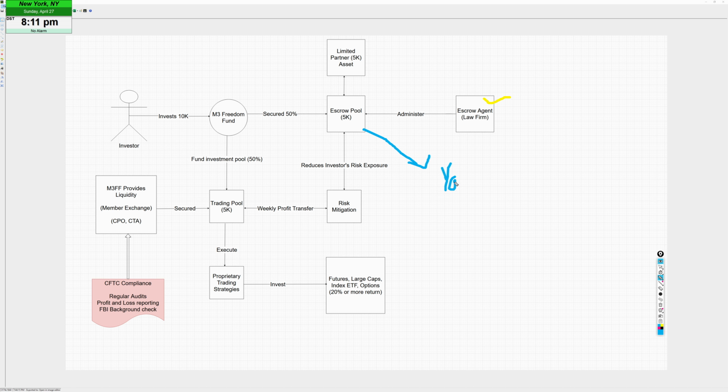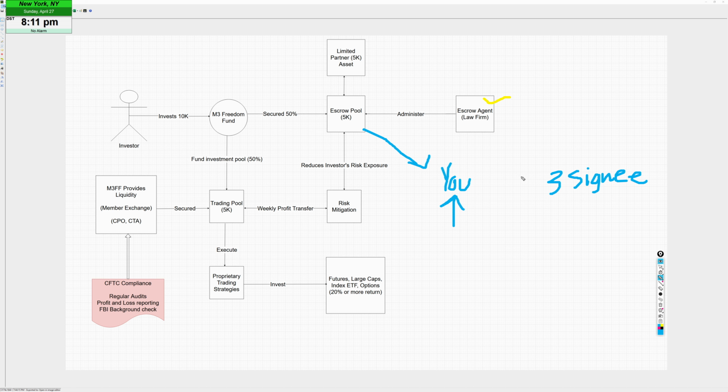For example, you want to get money out. Every quarter, the three signees get together and sign a document that says, okay, we're ready to withdraw money to pay this person, you.